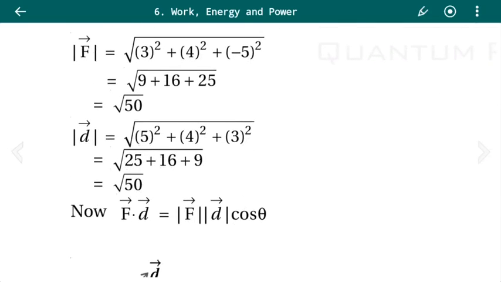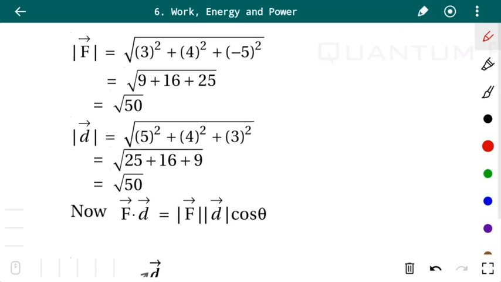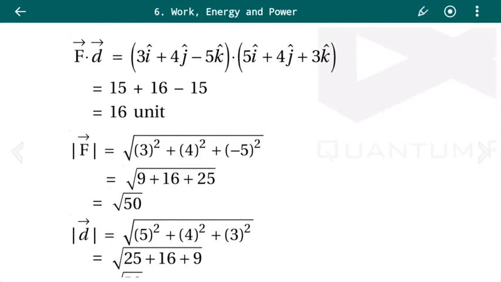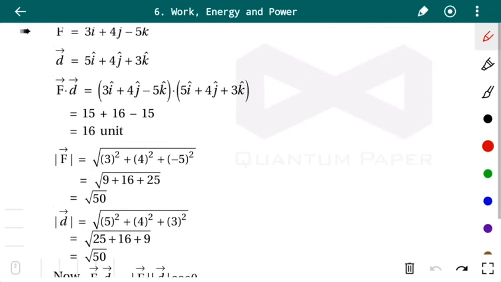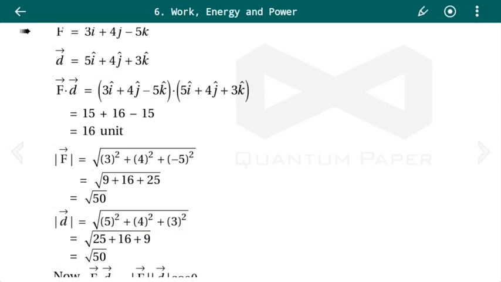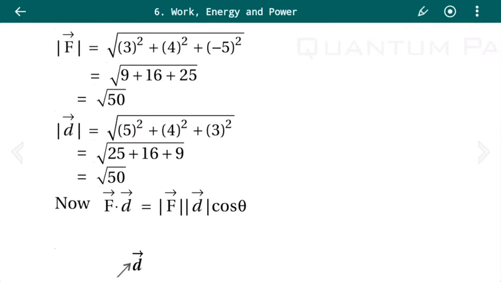In the same way, we will find the magnitude of displacement. The x component is 5, so 5 square, the y component of D is 4, so 4 square, and the z component of D is 3, so 3 square. So 25 plus 16 plus 9 equals under root 50.